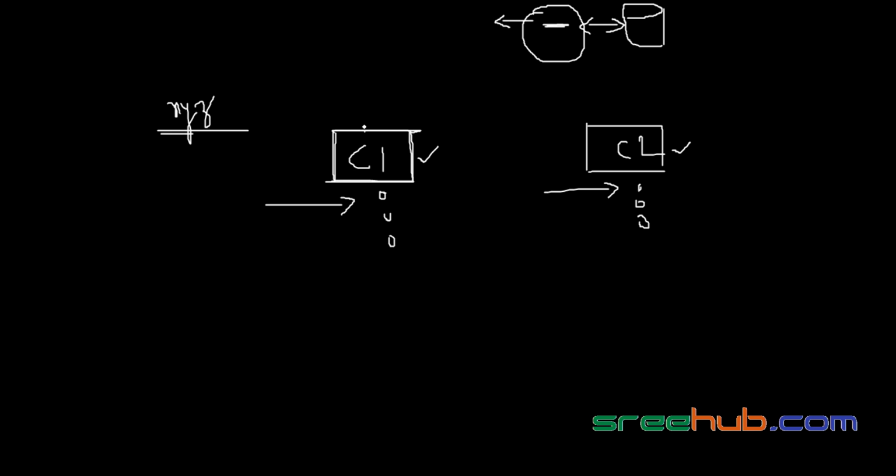C1 will hit this method, and in the same way C2 will hit the same method and get the number of tickets. Here we are just reading some data from the database, not doing anything else, and the same data is passed to C1 and C2. Now let's move a step ahead.